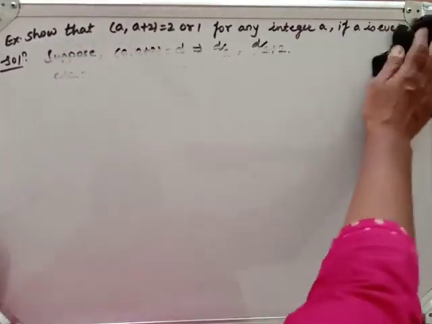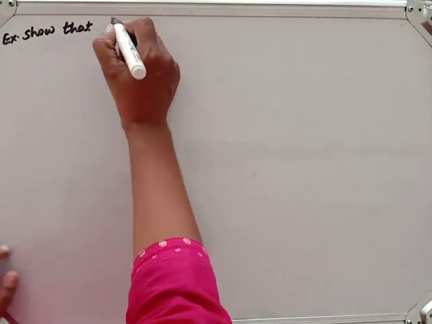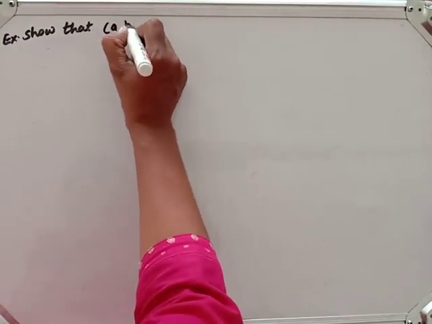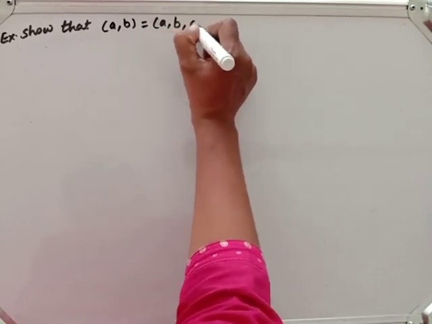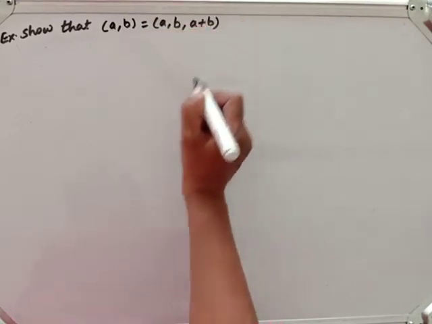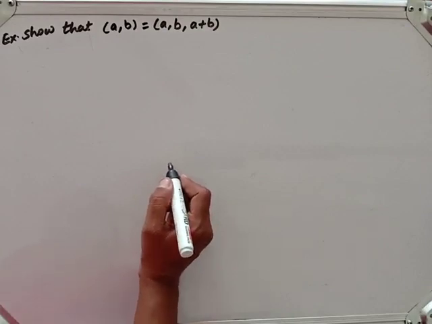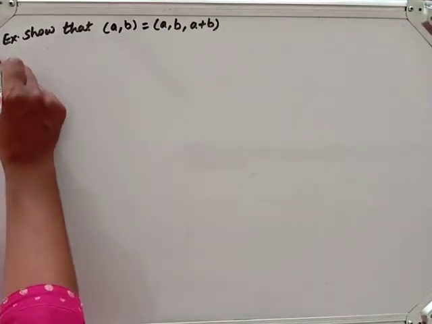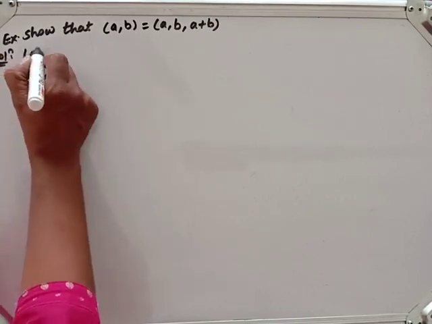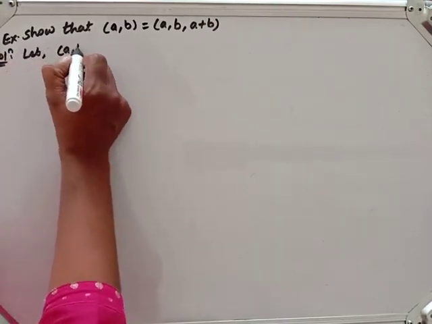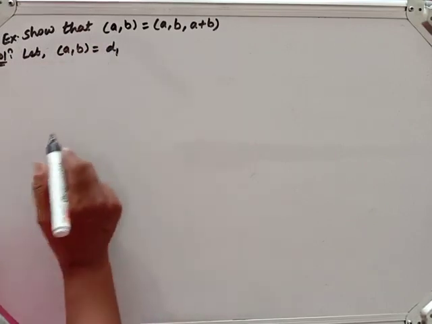Next example is: show that GCD of a and b is the same as GCD of a, b and a plus b. So, what is the solution of this? Solution: let GCD of a and b be equal to d1.